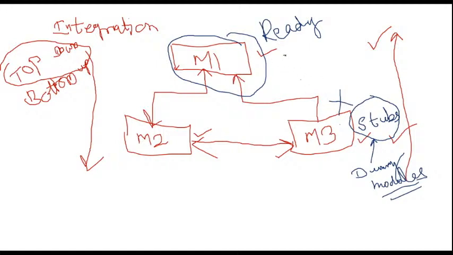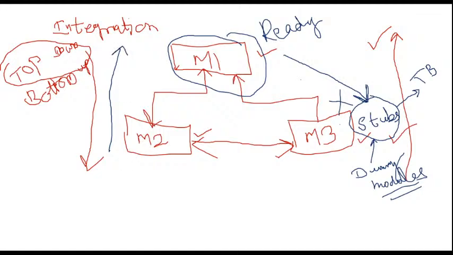If this particular module is called to this dummy module, that is called a stub. We call it a stub, and we use stubs in the top to bottom case.